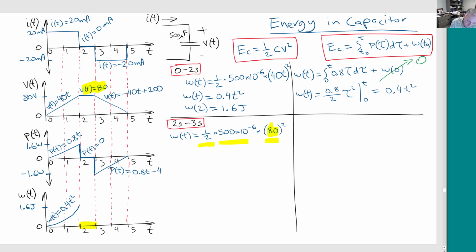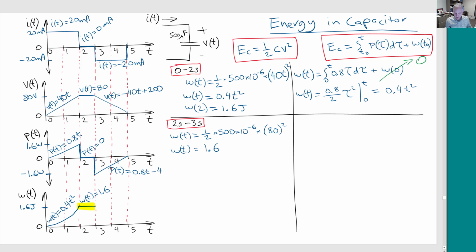So that's the voltage in that middle interval between 2 and 3 seconds. And then we have to square that, and we get W(t) is equal to 1.6. And that makes sense. It aligns with the previous piece that we set out. So that's right here. So it joins the line at the same point, so that's perfect.